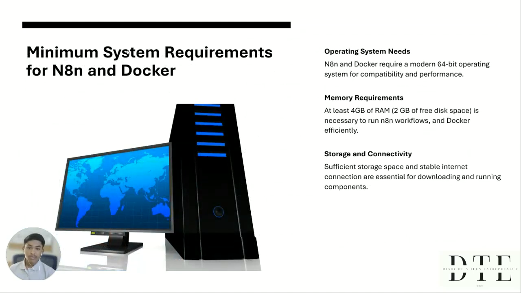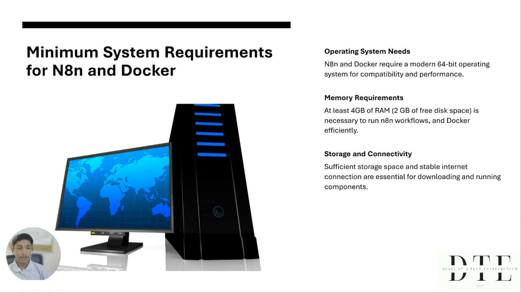Minimum system requirements. Before we jump into actually installing it, here's what we're going to need. Windows 10 or 11 with a 64-bit operating system, which ensures compatibility and performance.